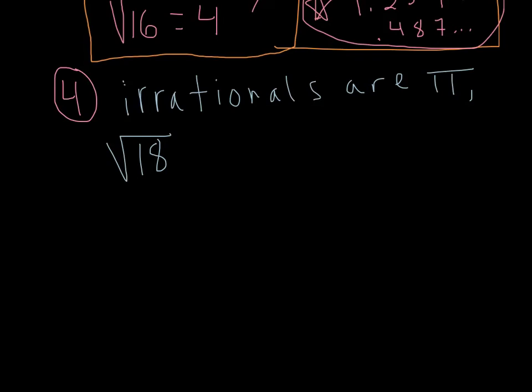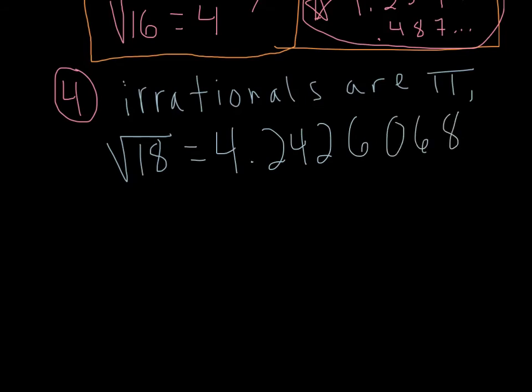That's going to give us, when we put it in our calculator, 4.2426068, and it just keeps going. So that's the second type.